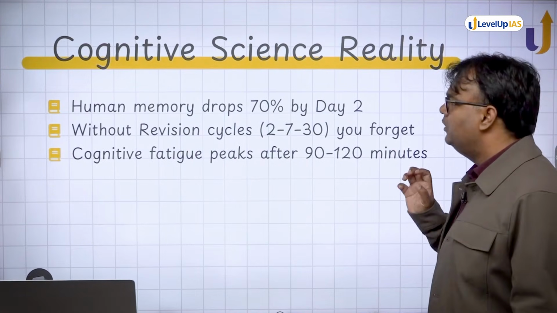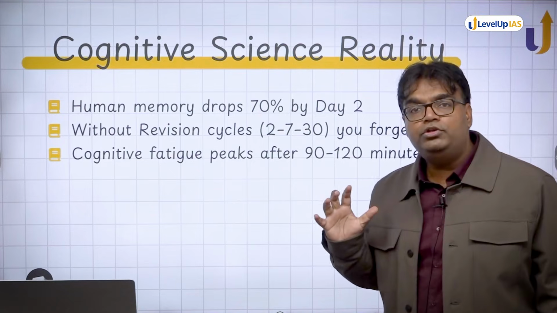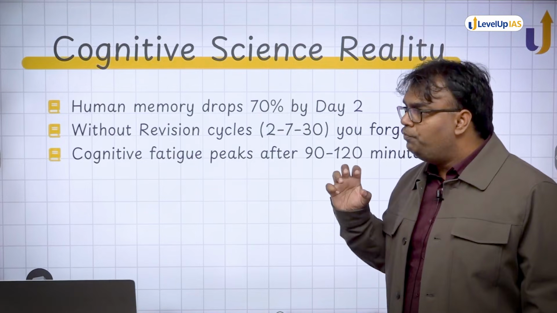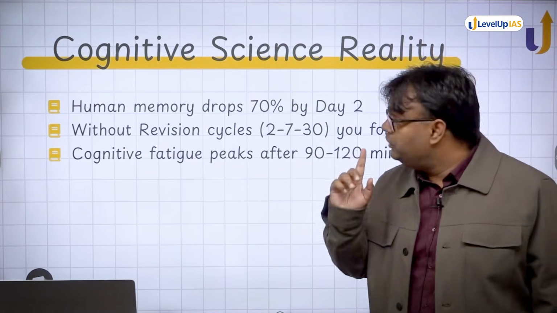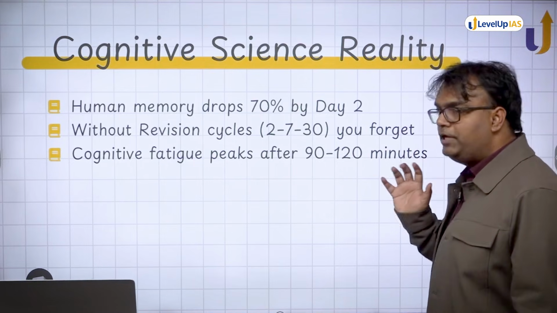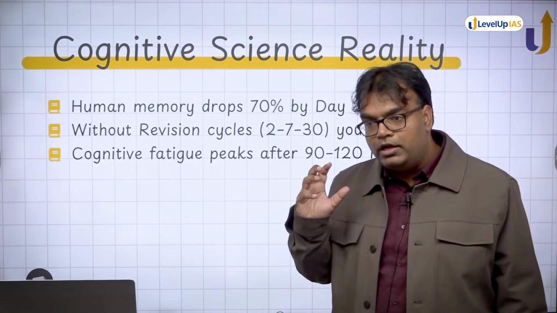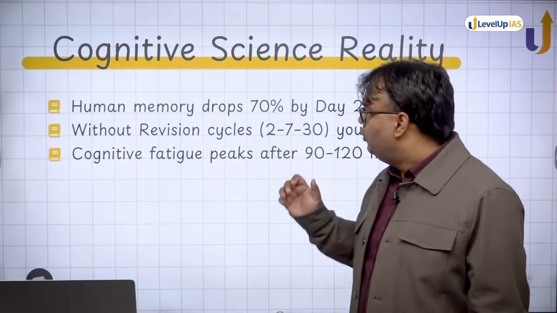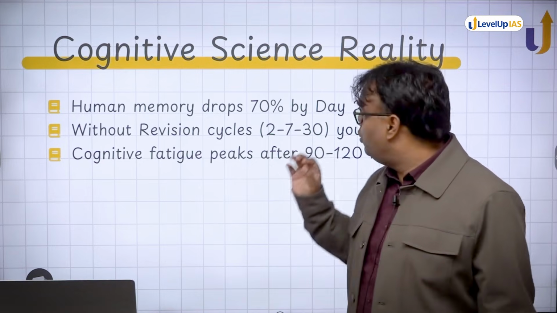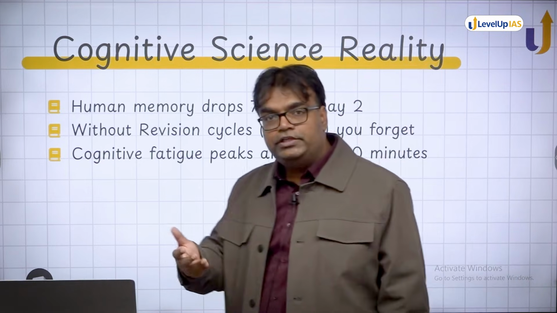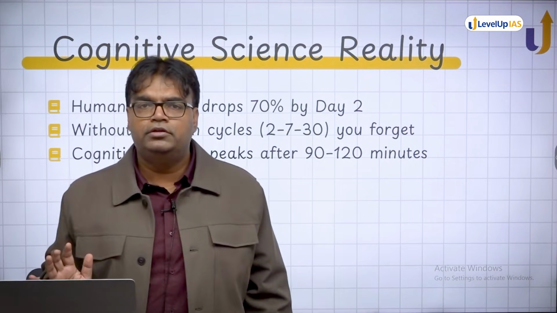Now, let me take you to the other aspect. In your plan, it's important that effective time is given for revision. Looking at the science behind our ability to remember things, human memory is such that it drops 70% of what you have read by day 2 only.